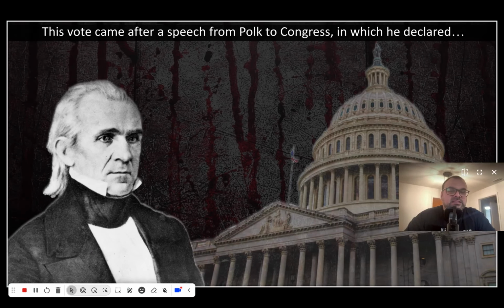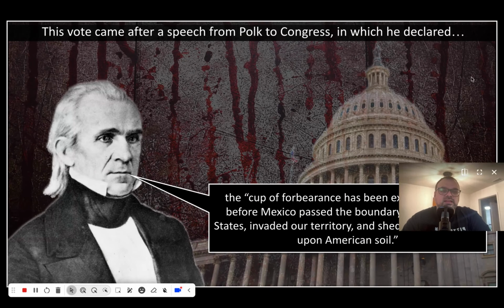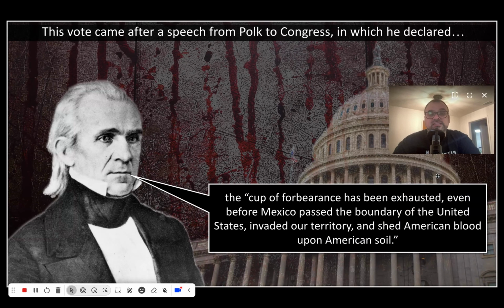But in a speech to Congress, James Polk had said, "The cup of forbearance has been exhausted, even before Mexico passed the boundary of the United States, invaded our territory, and shed American blood on American soil." So here, James K. Polk is telling Congress what had happened, and this is accurate.